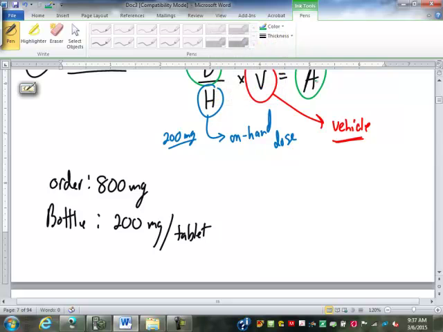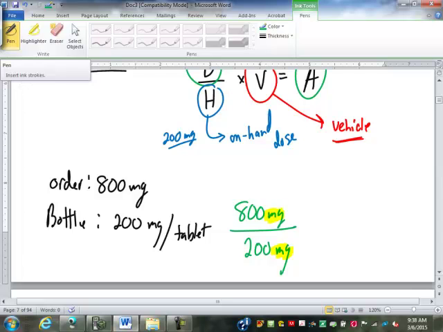So setting up our dosage calculation formula, the ordered dose is the 800 milligrams. The H, the on-hand dose, is the size of the tablets. That's 200 milligrams. Very important note here, the units of the ordered dose and the on-hand dose must be the same. So both of these are in milligrams, so we're okay.